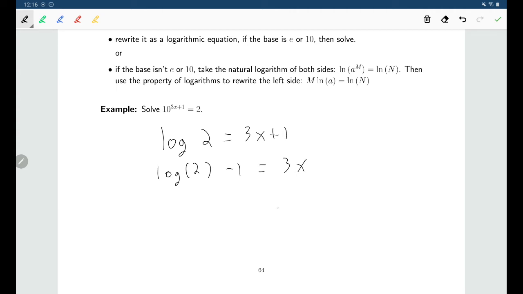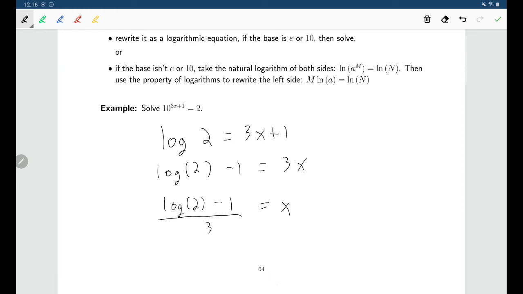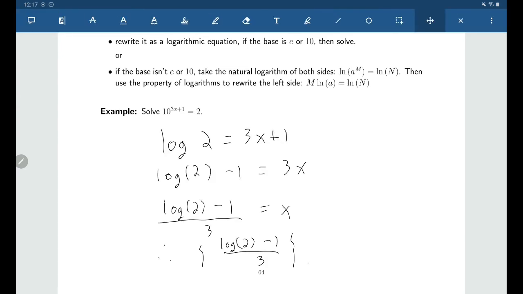And then I'll divide by 3. And there we go. I have my one solution, which is log base 10 of 2 minus 1 all over 3. And there we go.